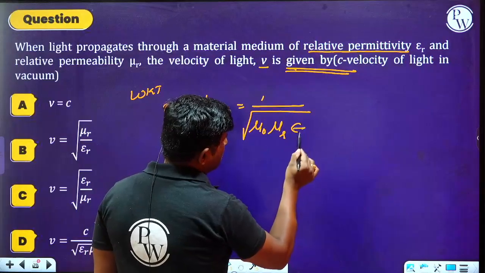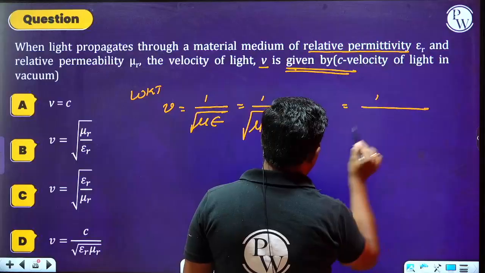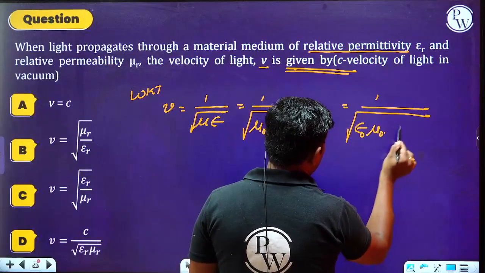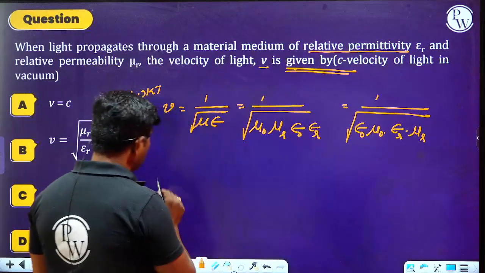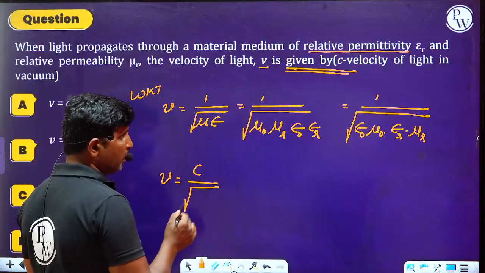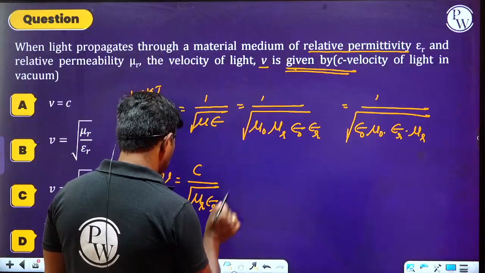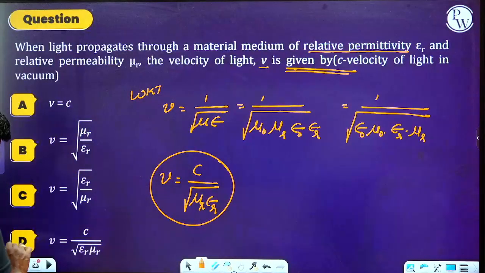Epsilon can be written as epsilon naught into epsilon r. So we can write this value as 1 by root of epsilon naught into mu naught, epsilon r into mu r. So whenever we do simplification, V is equal to C divided by root of mu r into epsilon r. Okay. Hence we can select option D as the right answer. Here option D is the right answer.